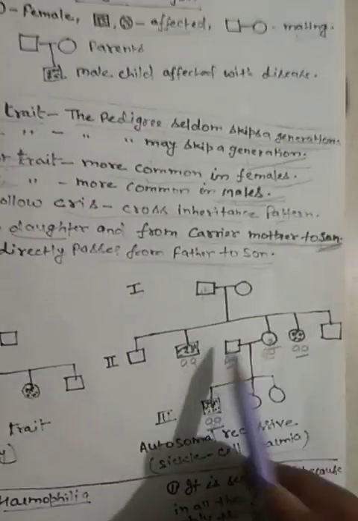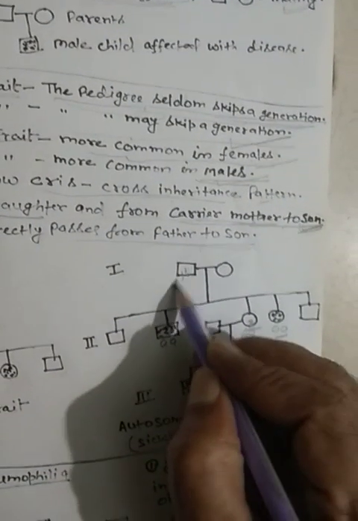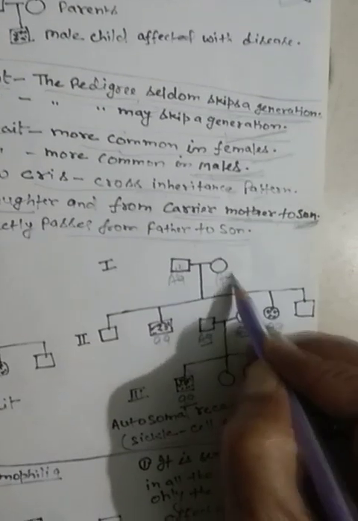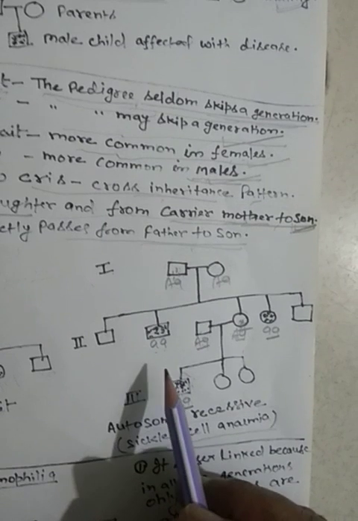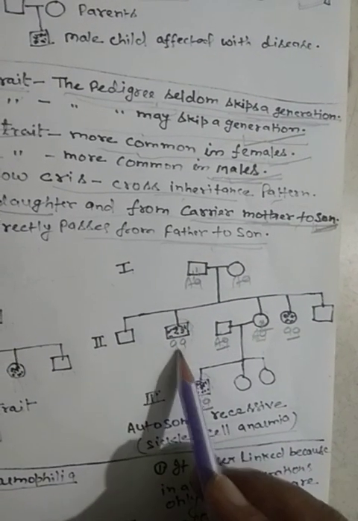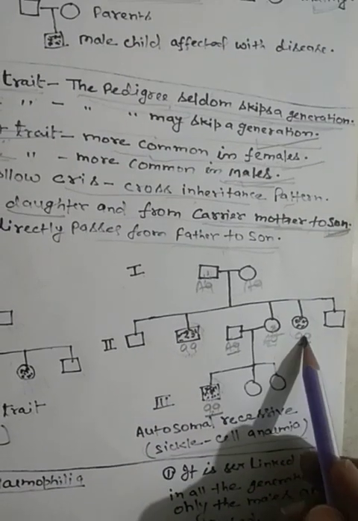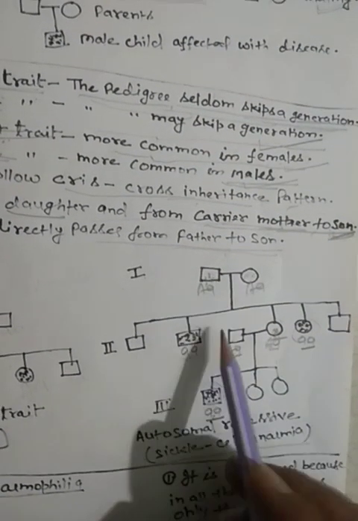And suppose we want to know the genotype of these parents. They also must be carriers, because in that condition only the ratio will be 3:1. So to get this genotype, this parent must be a carrier.